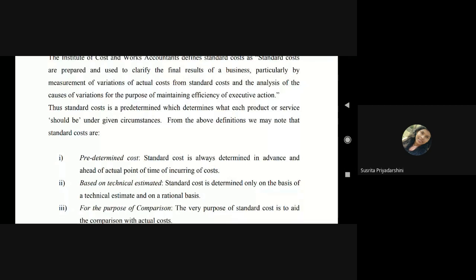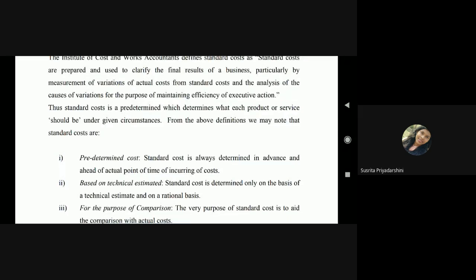Thus the standard cost is a predetermined cost which determines what each product or service should cost under different given conditions or circumstances. From the above definition given by CIMA, we may note the standard costs are any of the following. So what are they?